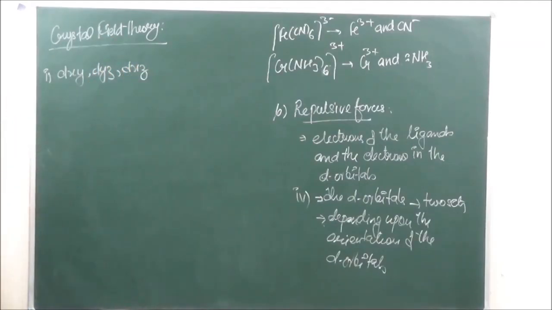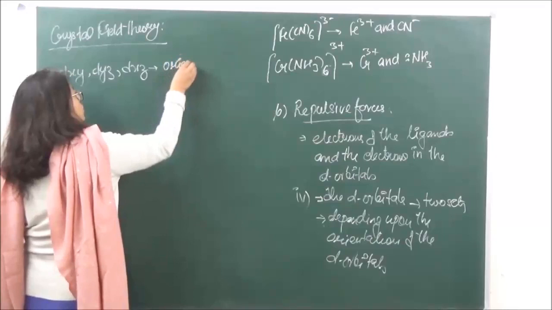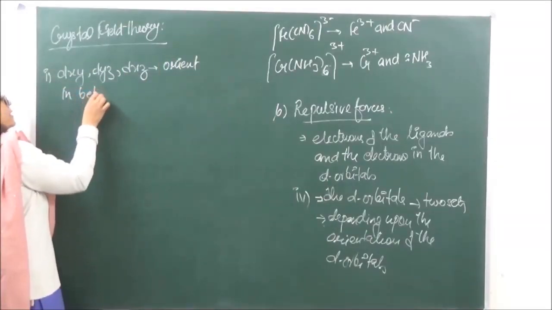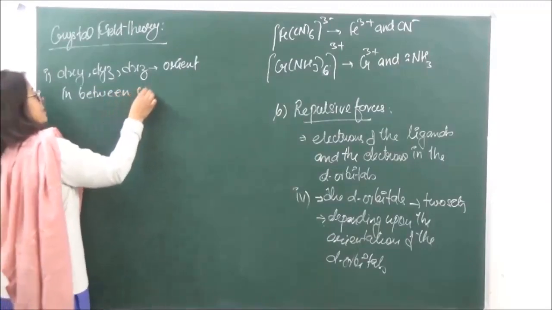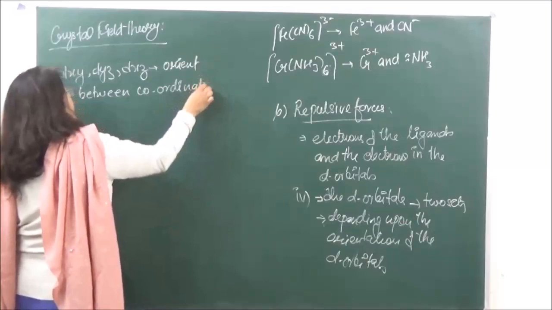These are the 3 orbitals amongst 5 which orient in the regions between the coordinate axes. Okay? So they are going to orient in between the coordinate axes. And what are these coordinate axes?